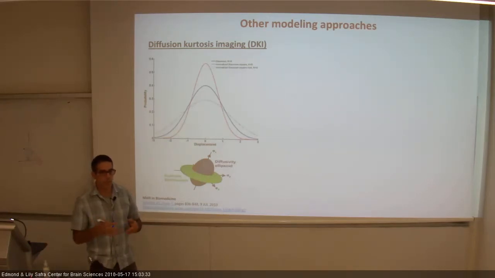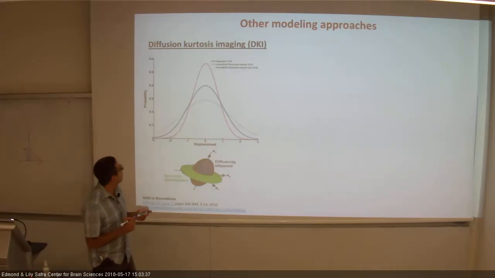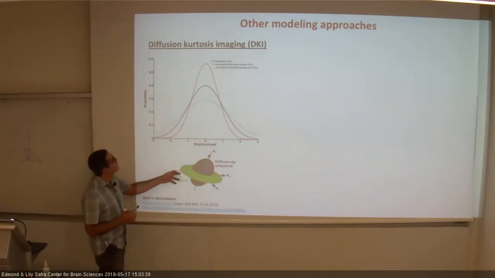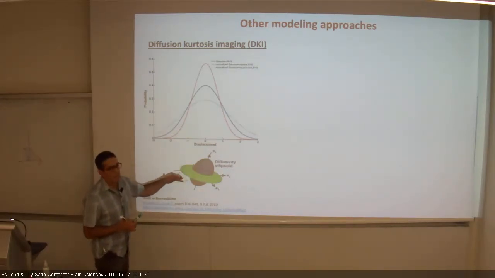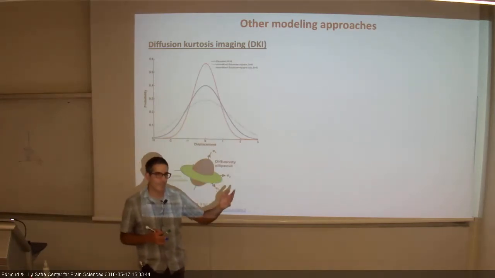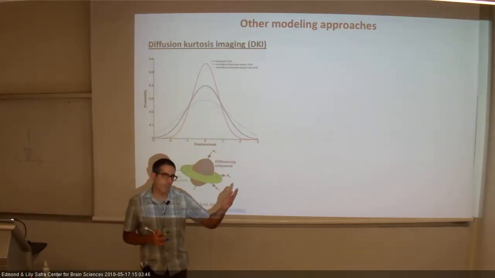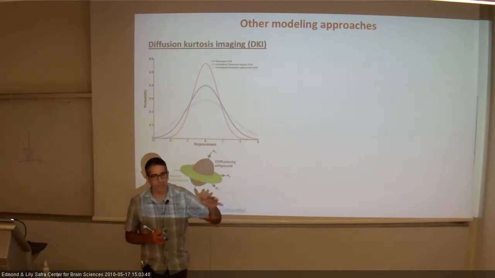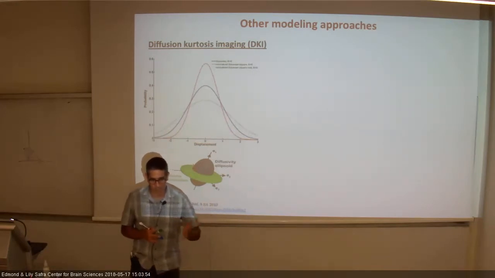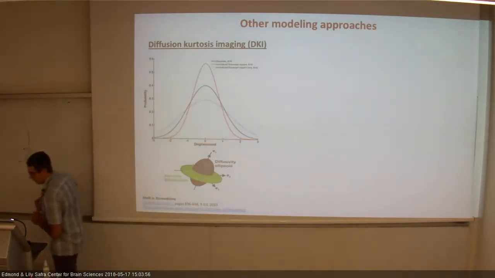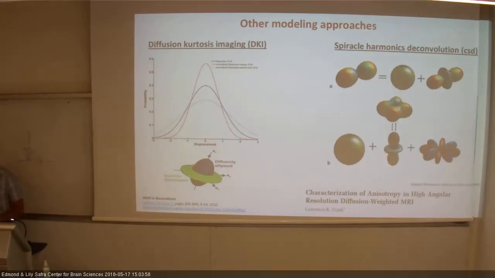So adding more parameters to this description of this 3D shape, like kurtosis. So now that will allow us to measure this abnormal, non-Gaussian diffusivity, and that will allow us to better characterize the main orientations in the voxel.